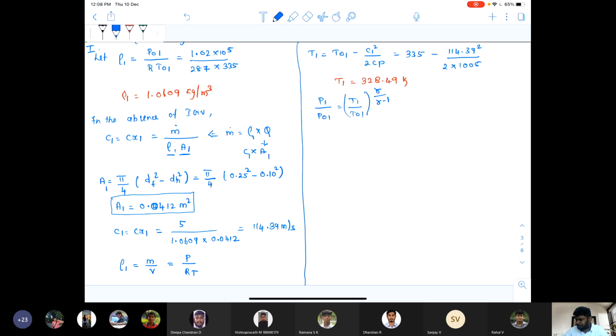We know the value of P01, T1 and T01. By substituting the values of P01, T1 and T01 in this equation, you can find the value of P1.